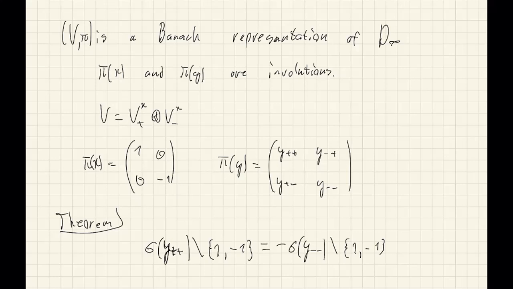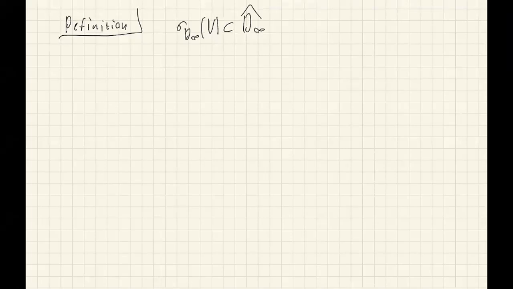We use it to introduce a spectrum. So the definition of the spectrum, as the joint spectrum or Taylor spectrum of representations, is a subset of the infinity with hat. We are defining the spectrum by parts.